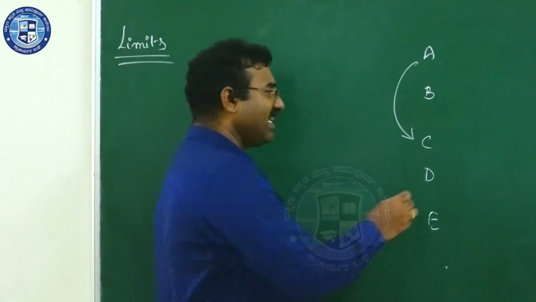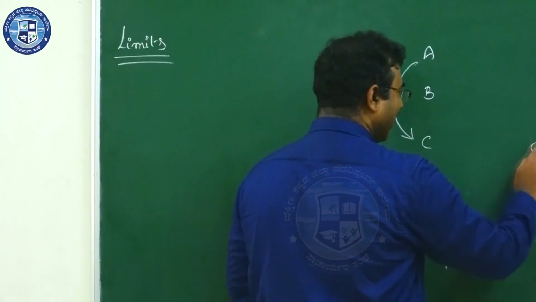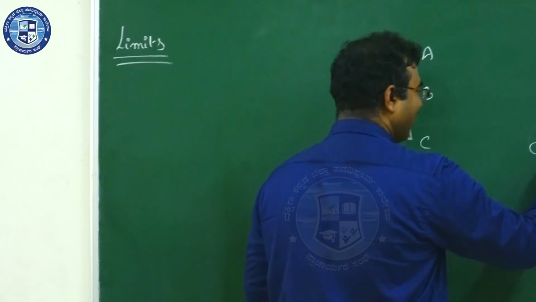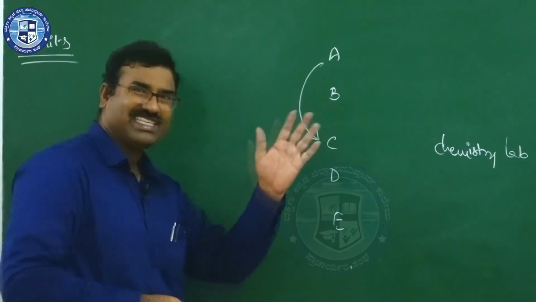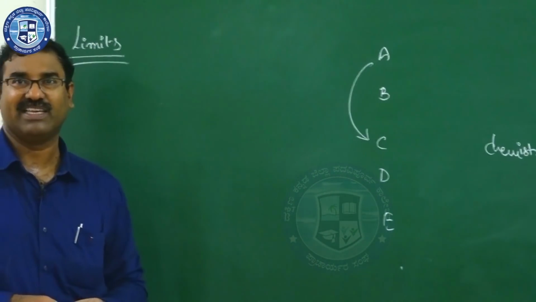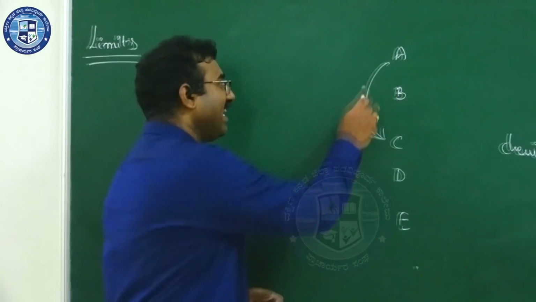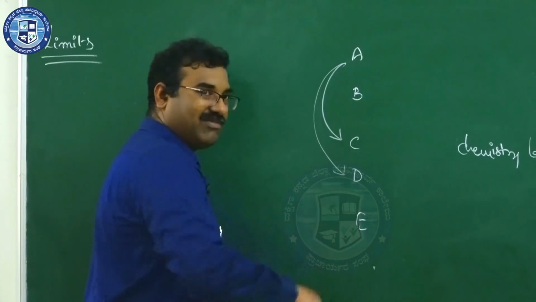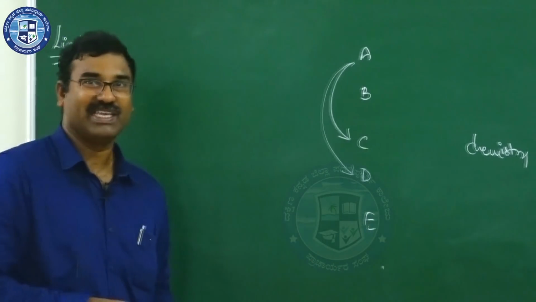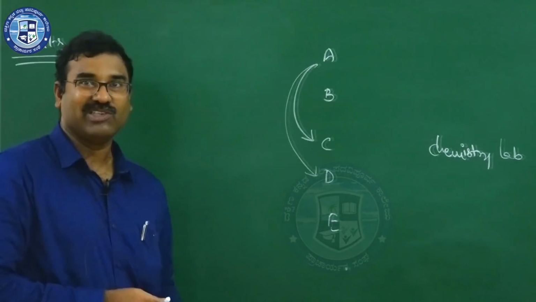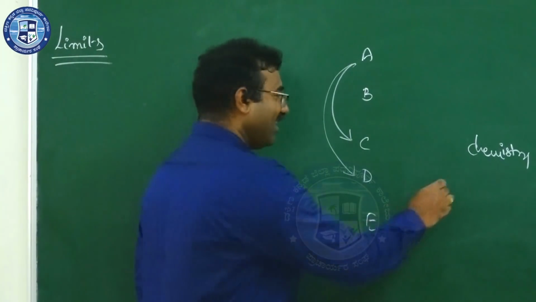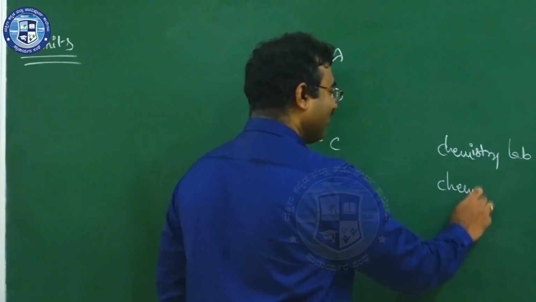C replied, this fellow B is working in the chemistry lab. He said he just saw him working there. Then he asked D also. In the meantime, while he is going, he met D and asked, where is this person B, did you see him? D told him that he is in the chemistry lab.